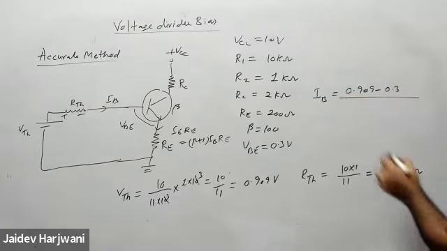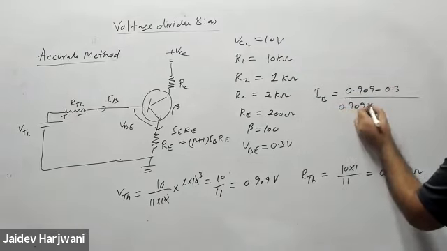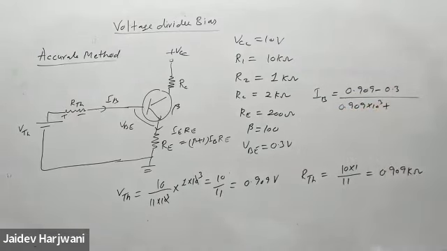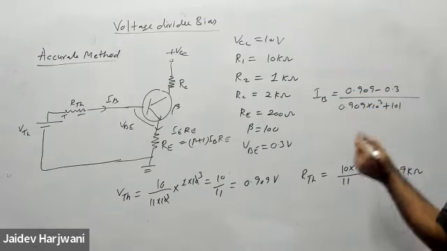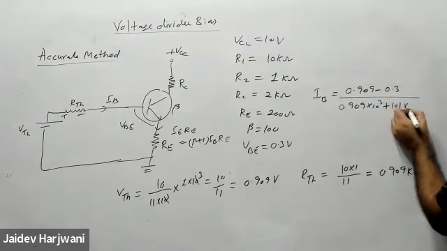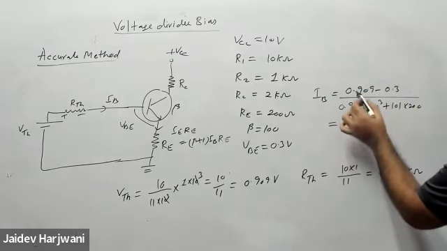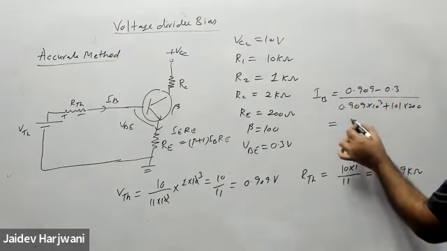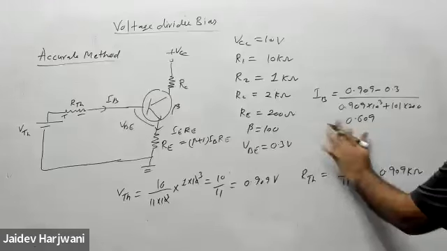RThevenin is 0.909 kilo ohm, plus beta plus 1 means 101, times RE, which is 200 ohm. So this becomes 0.909, so 0.609.